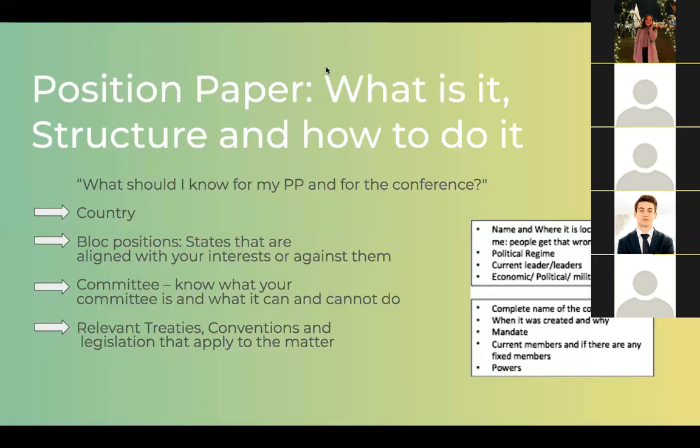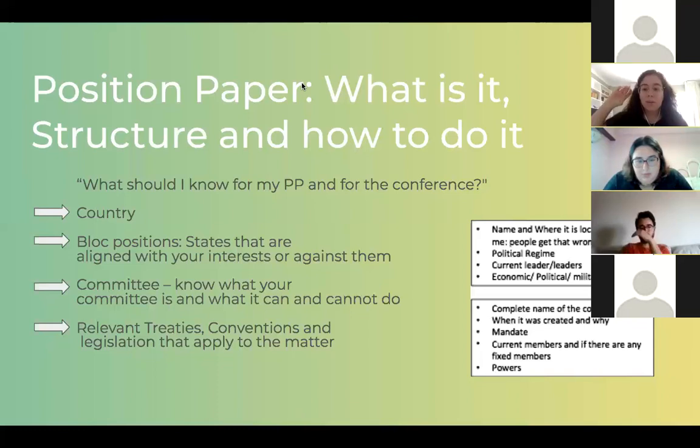At the right, you have a little bit of what we'll have as the structure. So you need to have your name, the name of your country. You can tell if it is in Asia, for example.